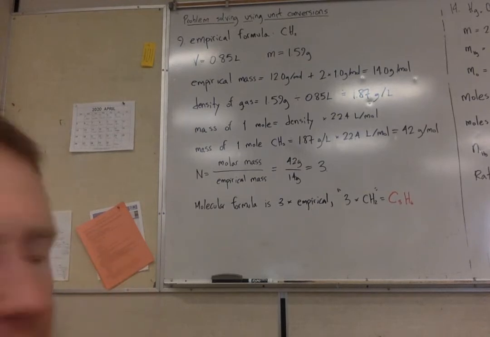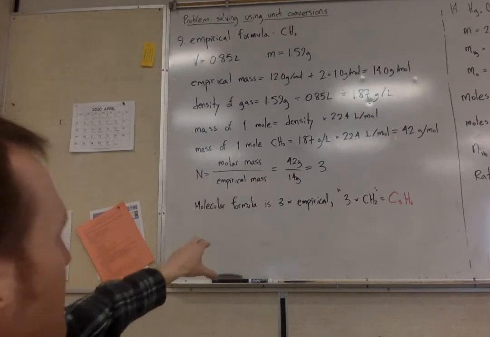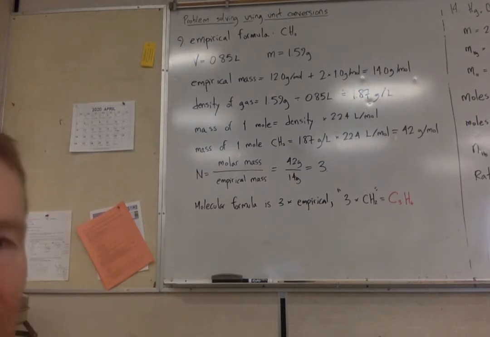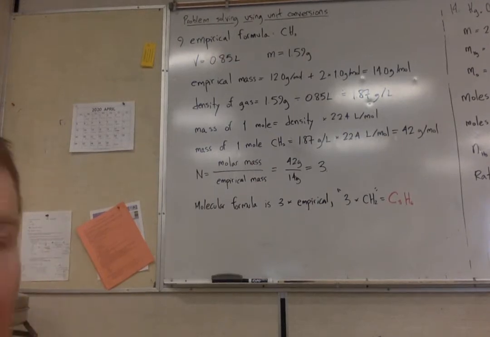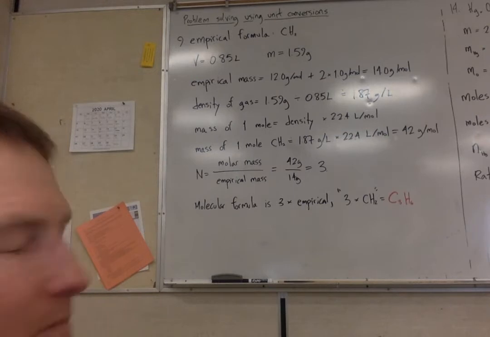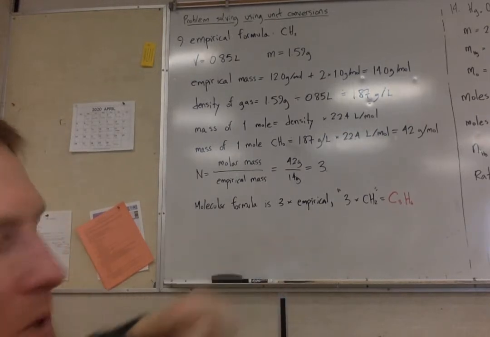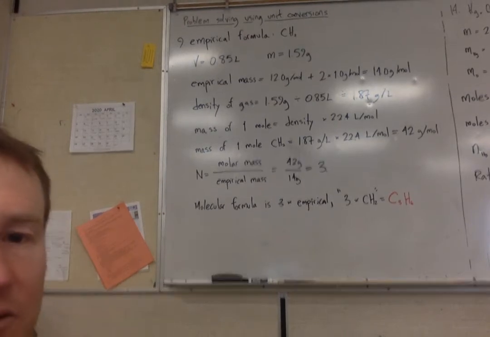Our multiplier is 3. So the molecular formula will be 3 times that empirical formula. I put air quotes here. 3 times CH2, which means we have C3H6. 3 times 1 is 3. 3 times 2 is 6. C3H6, which, by the way, is the same as the molecular formula for propane gas.